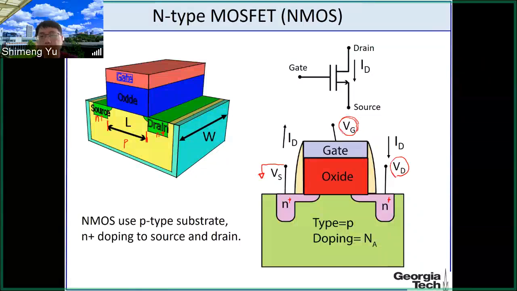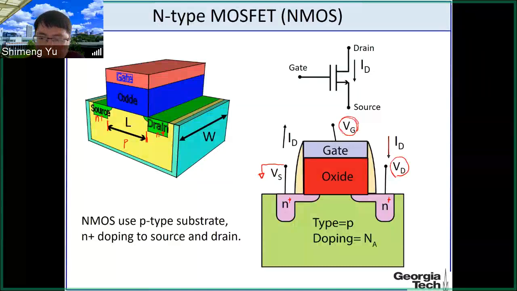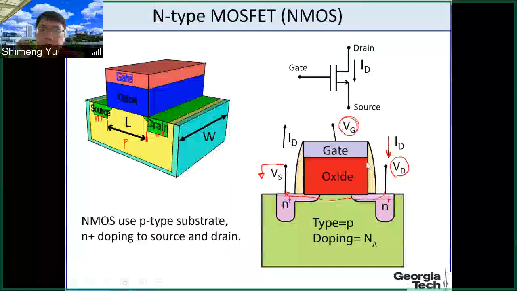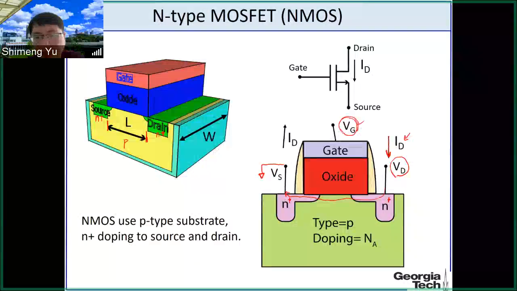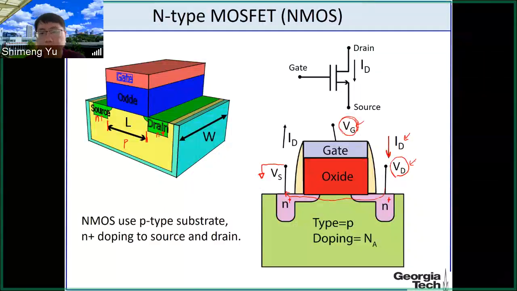The gate voltage and the drain voltage will determine the current flowing to the drain, and that current will be sunk to the source. So today the major task is to derive this drain current as a function of the gate voltage and drain voltage.